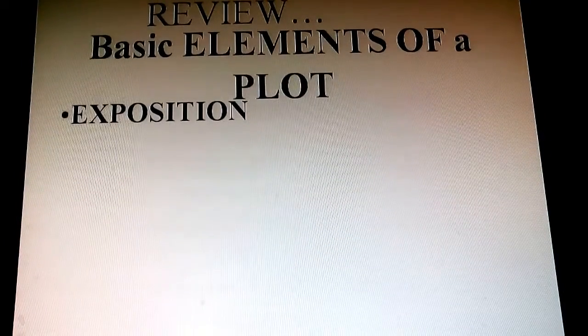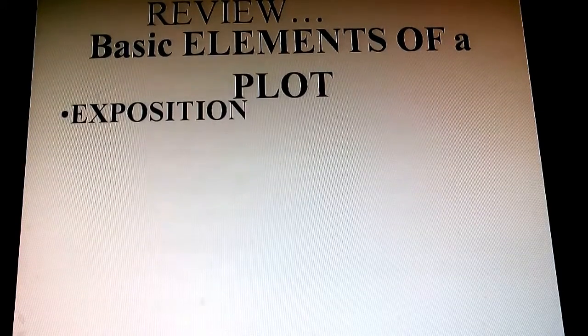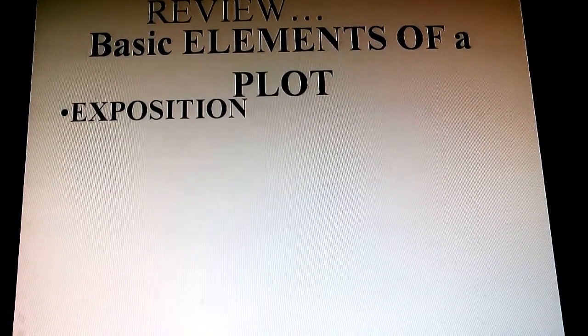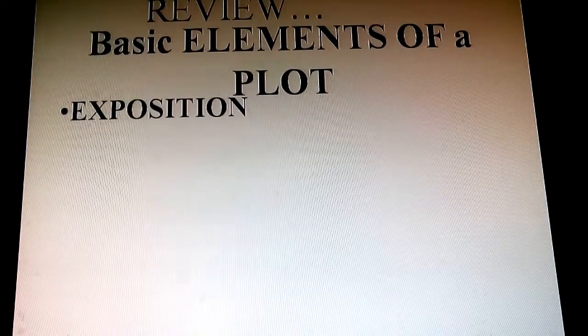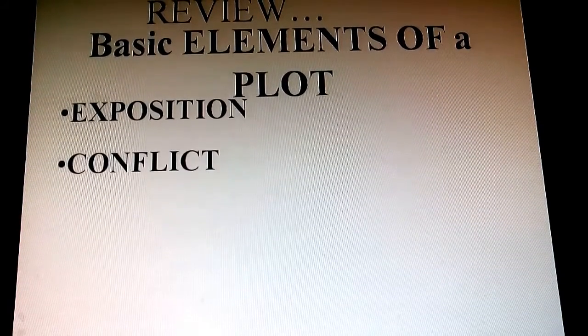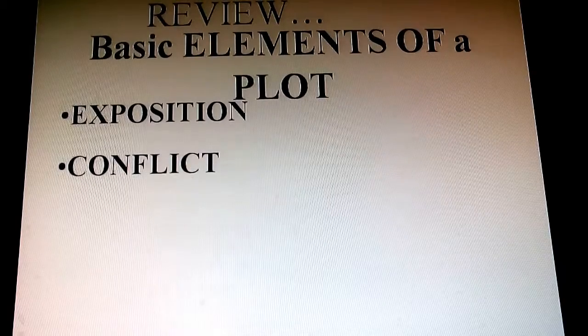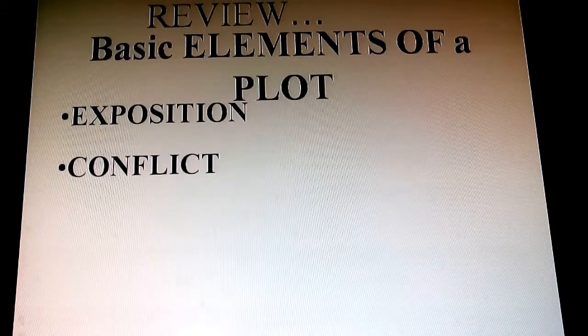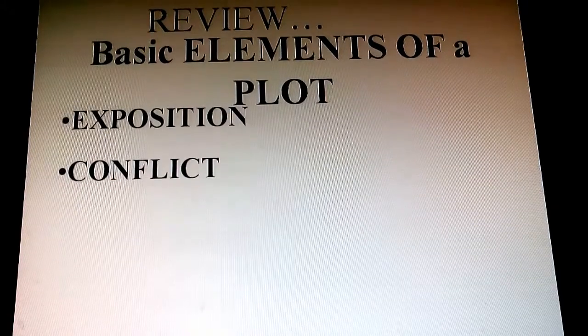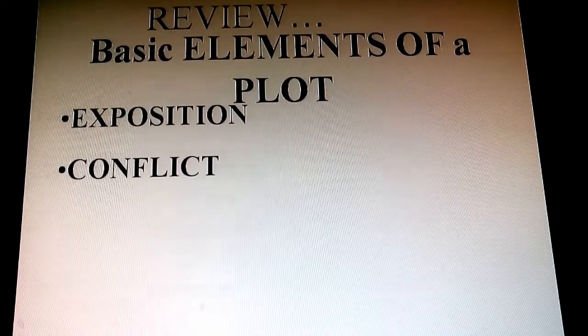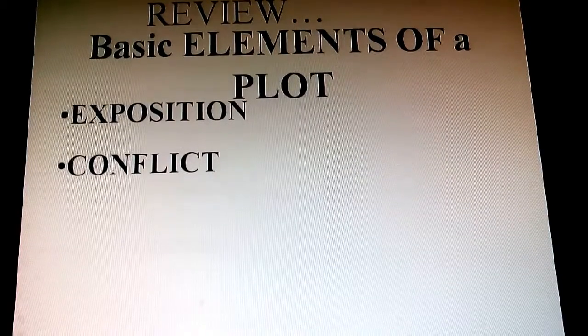And lastly is the review. Again, the basic elements of a plot: exposition, which is composed of time, the setting, the characters, and the theme. Again, characters could be antagonists or protagonists, depending on how the story builds up. Next, we have the conflict, in which the first problem arises, with four classifications: man against man, man against himself, man against society, or man against nature.